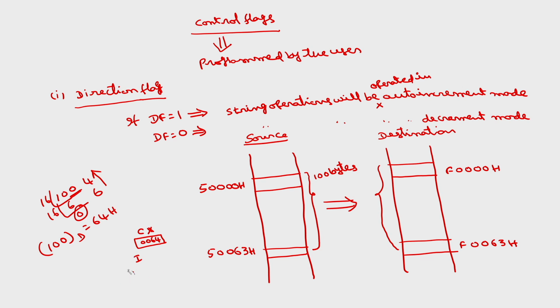So, the source index will have 5,000. This is another application of the source index register that I discussed in the last class. Then the destination index holds the first 16 bits of the destination starting address, F000.